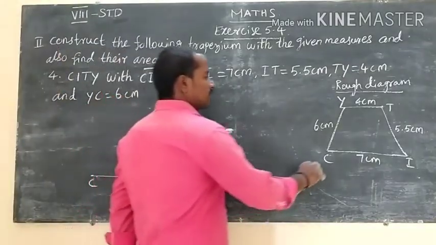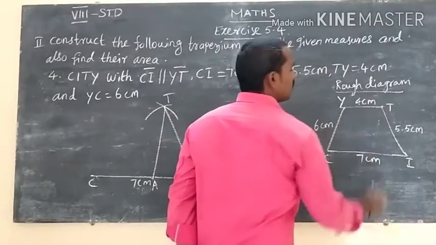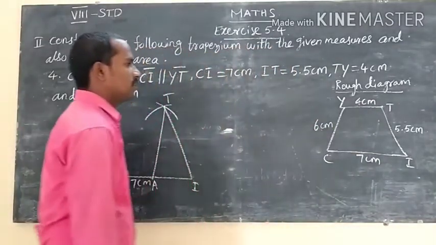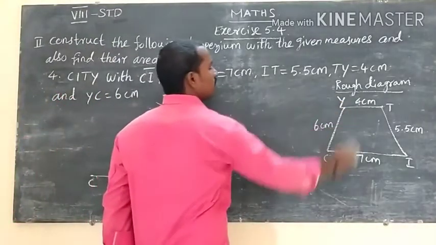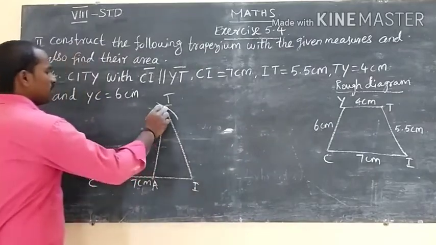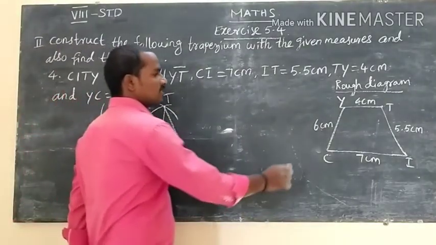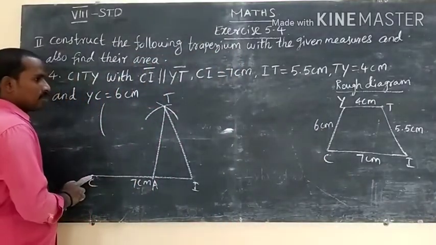With C and T as center, draw an arc of radius 6 centimeter and 4 centimeter respectively. Let them cut at Y. This is our third step. Use your compass, measure 4 centimeter, put the sharp edge at T to construct the arc. Then measure 6 centimeter, put the sharp edge at C to construct the arc.